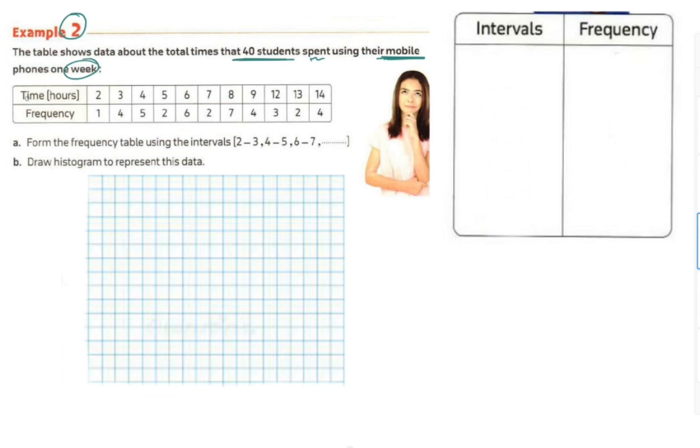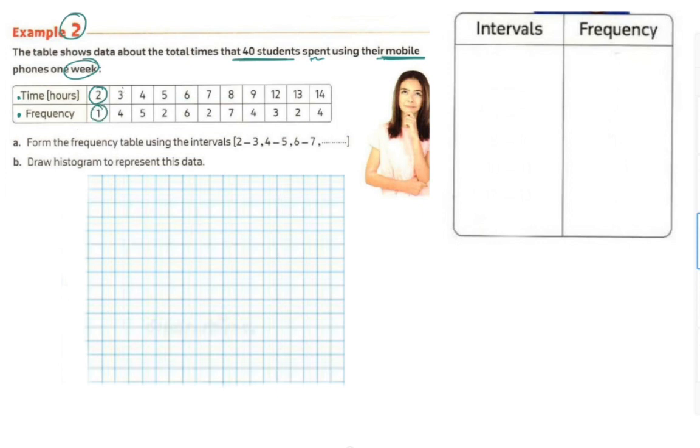We have a table with time in the first row and frequency in the second row. Time in hours, and frequency is the repeated times. That means 2 hours, the first one. How many students take 2 hours on their mobile? 1 student.